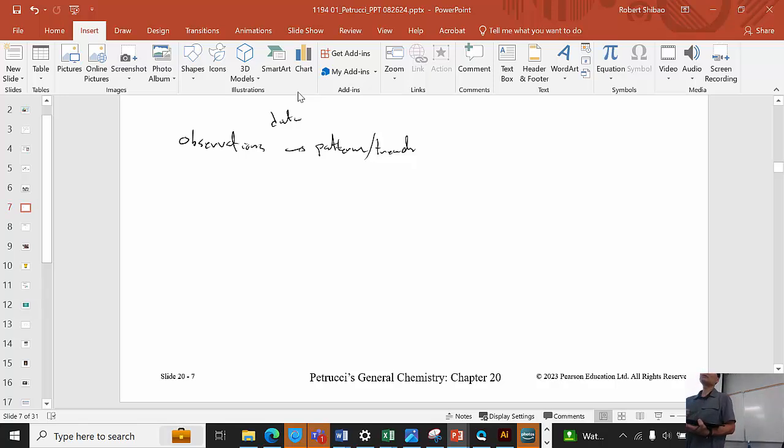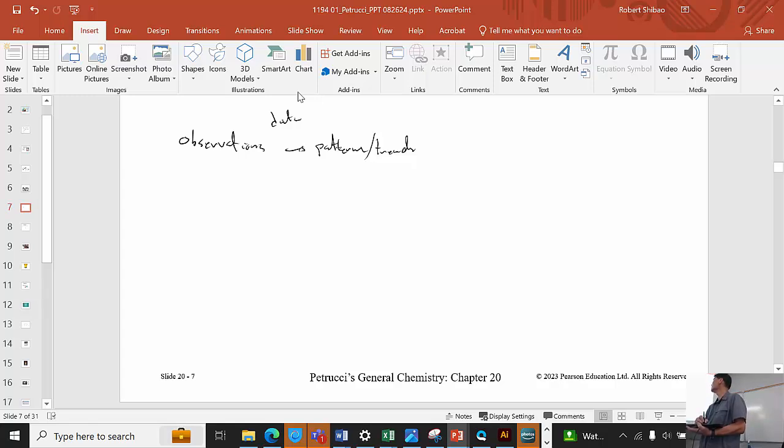Can somebody define what a hypothesis is for me? A hypothesis is a tentative fundamental description of the underlying observation or underlying pattern or underlying law. It's what's happening at a more fundamental level.